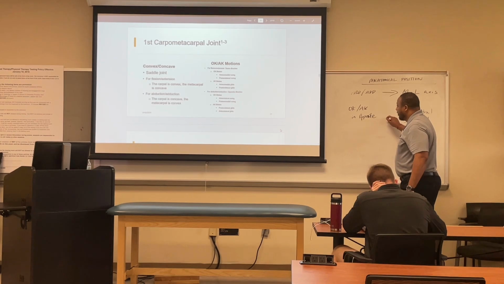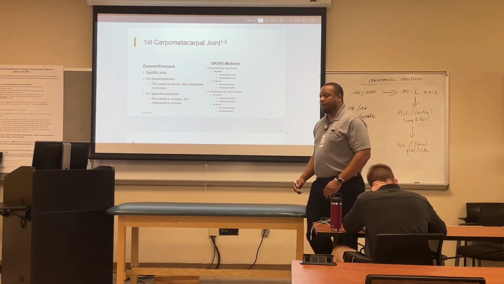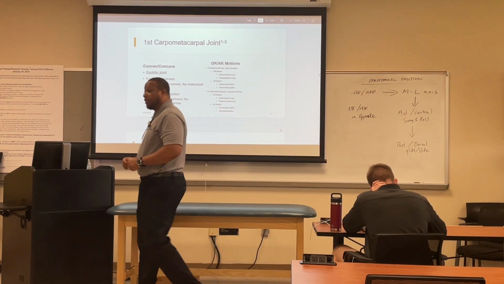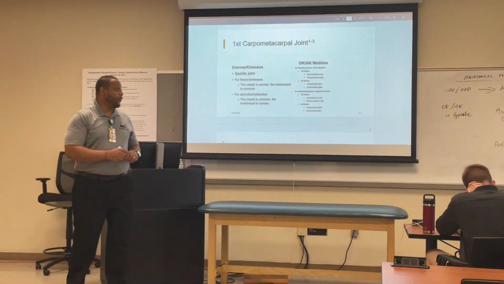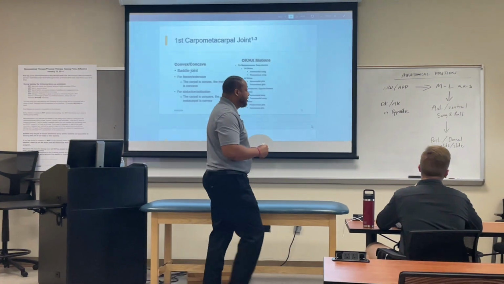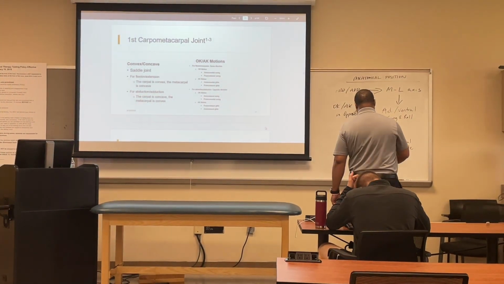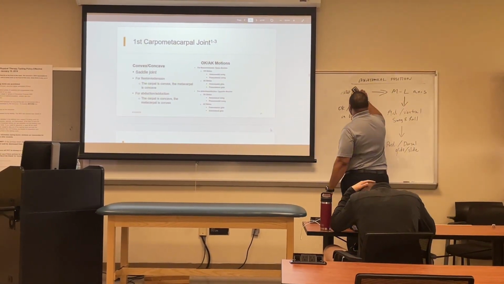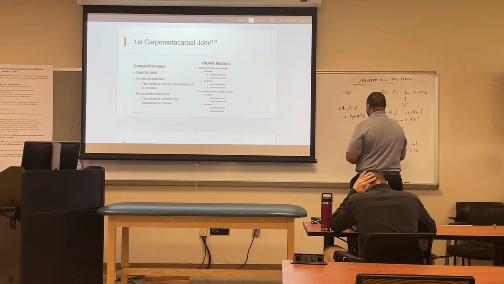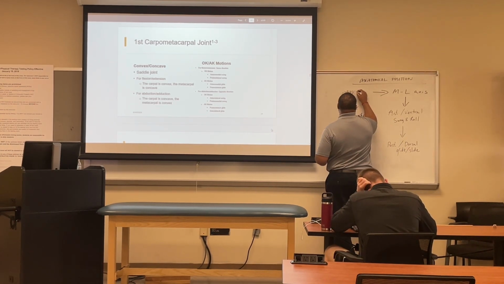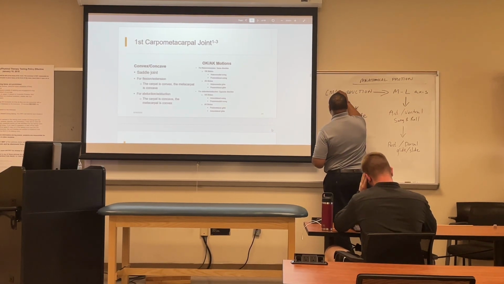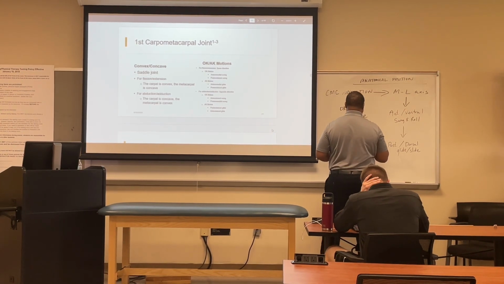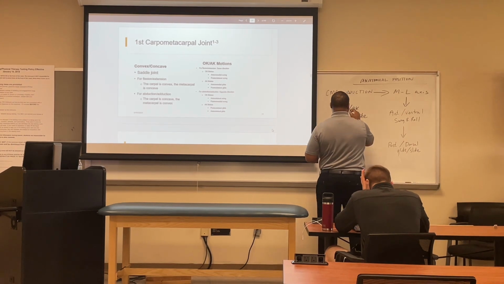Now, if you know that, then you know flexion and extension, right? If you know that, you know flexion and extension. I'm going to erase this so nobody gets confused. All right?